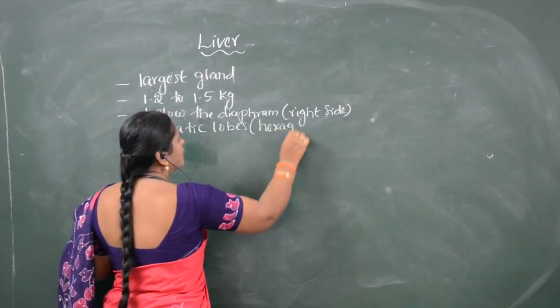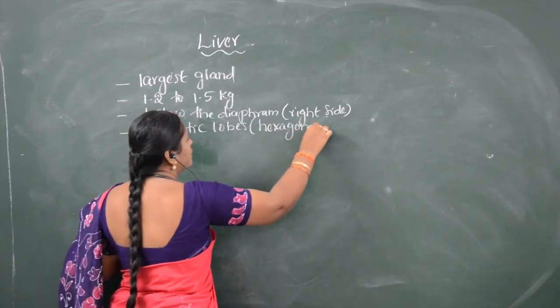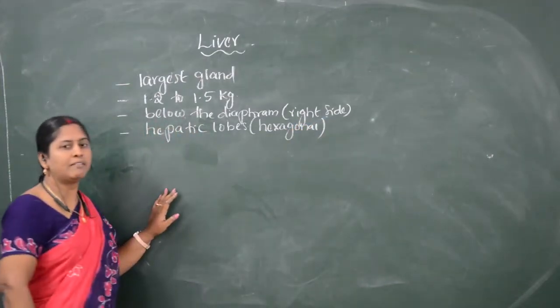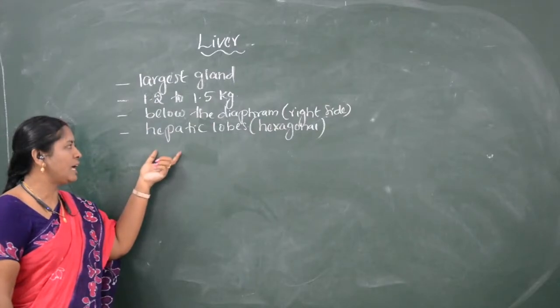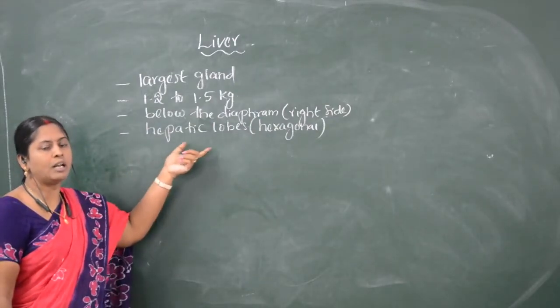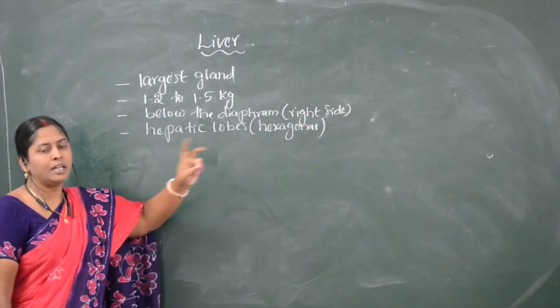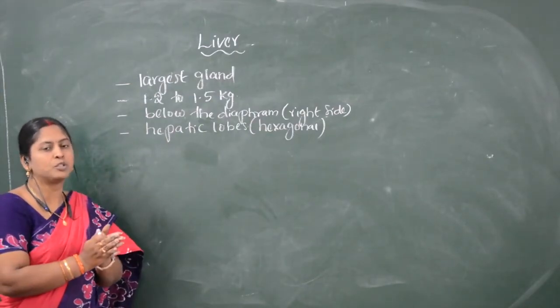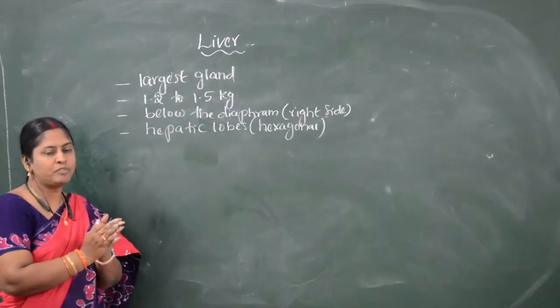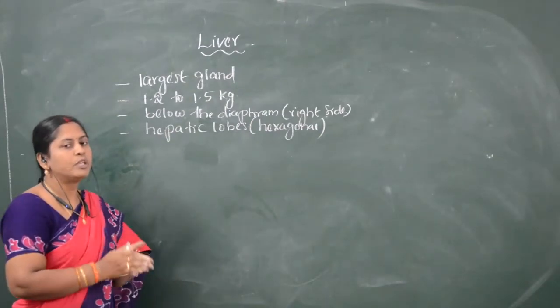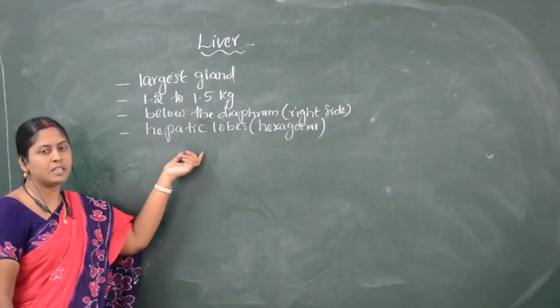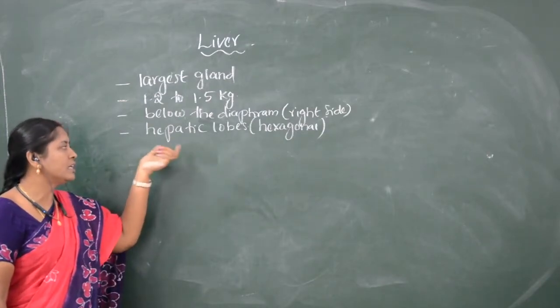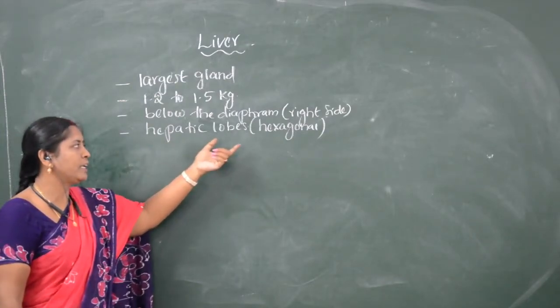So such a kind of liver lobe we call a hexagonal hepatic lobe. Each lobe is of hexagonal shape, and that lobe we call a hepatic lobe.